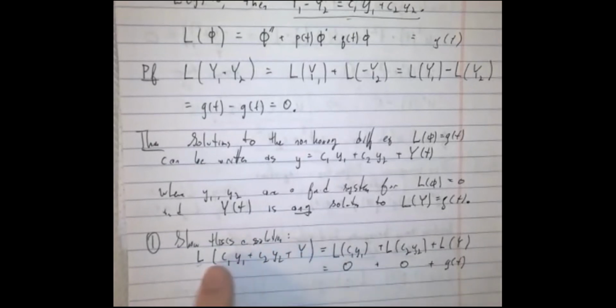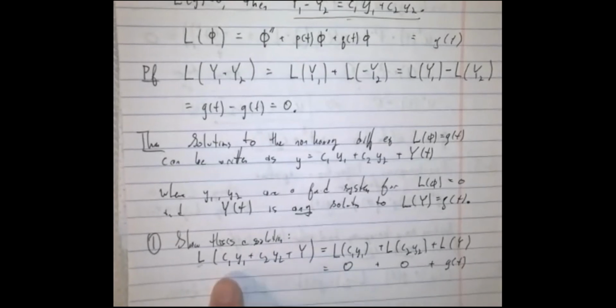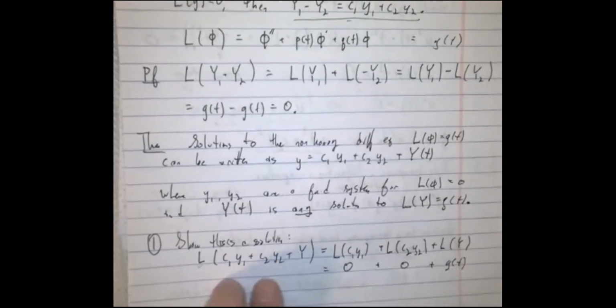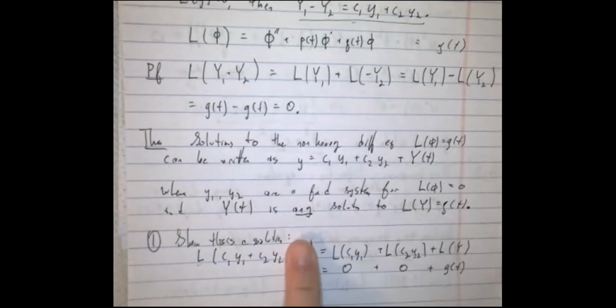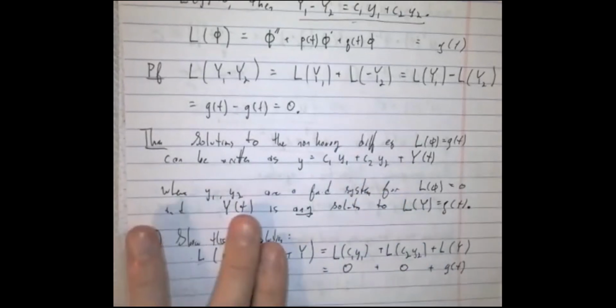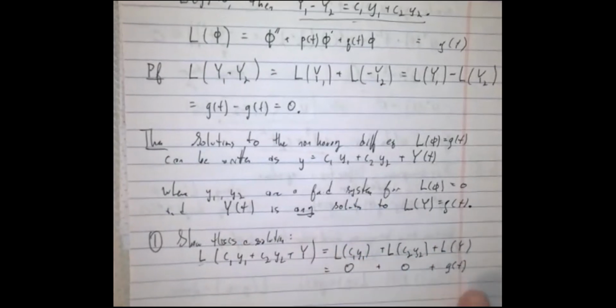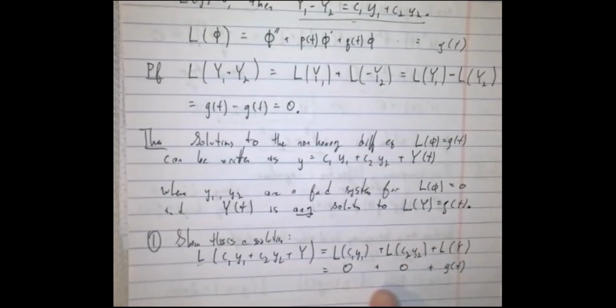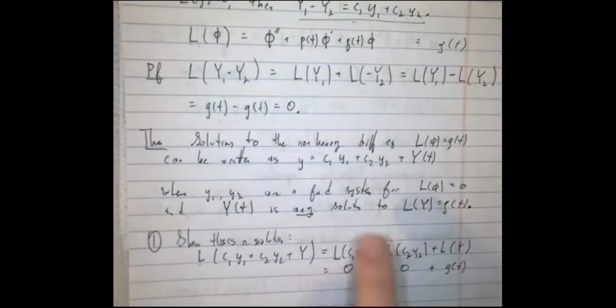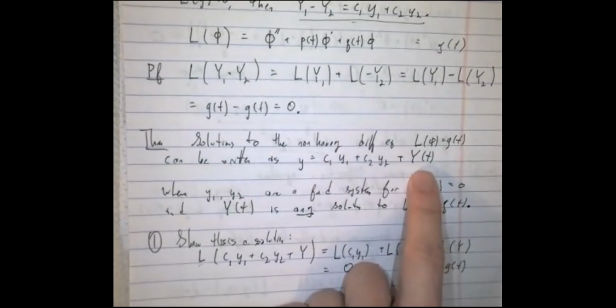So we know that anytime we write out any function that has this form, where this part looks like a solution to the homogeneous piece, and Y is any solution to L of y is equal to G of t, then that is a solution to L of y is equal to G of t. That part is kind of clear. What I'm showing is that these things are indeed solutions to the second order linear non-homogeneous differential equations.